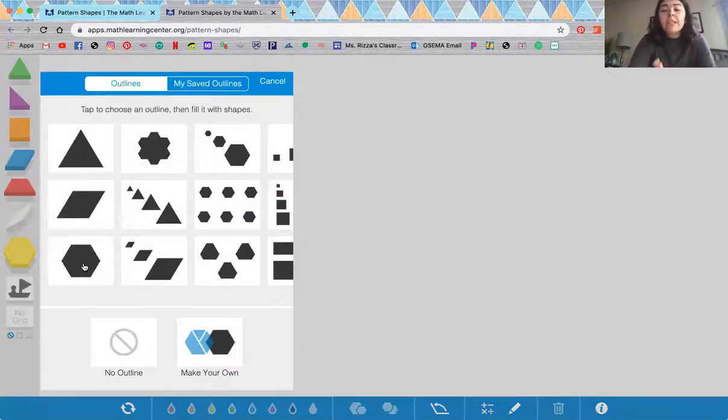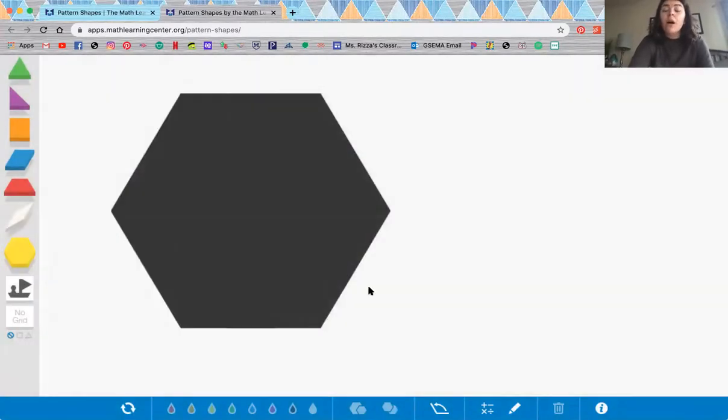And for our example today, I'm going to do the hexagon again. And you're going to do a different shape in a few minutes. I'm going to do the hexagon, but instead of using triangles like yesterday, I am going to use rhombuses.